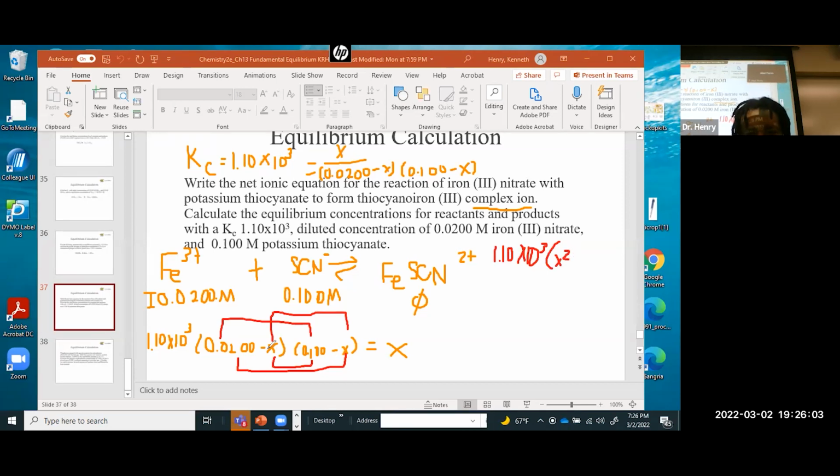I get x times x, that's x squared, or minus x times minus x is x squared. Minus 0.120x plus 0.002.